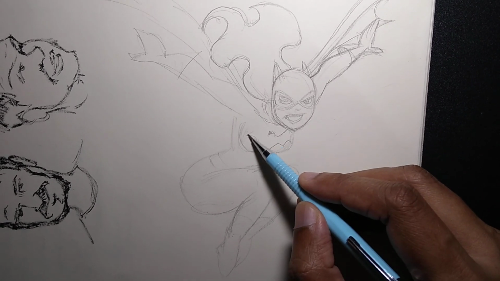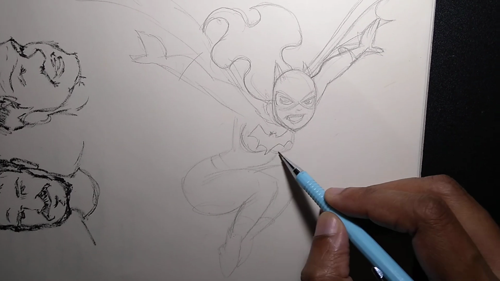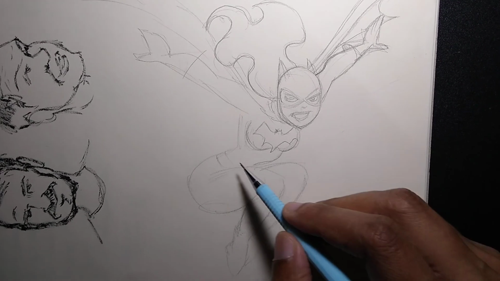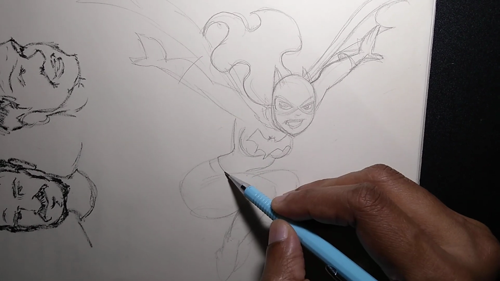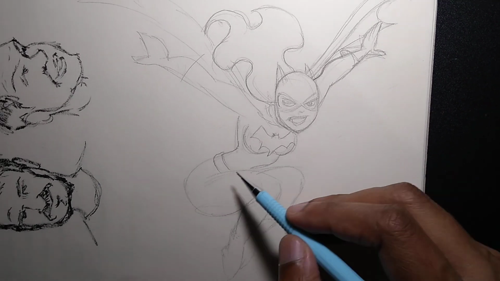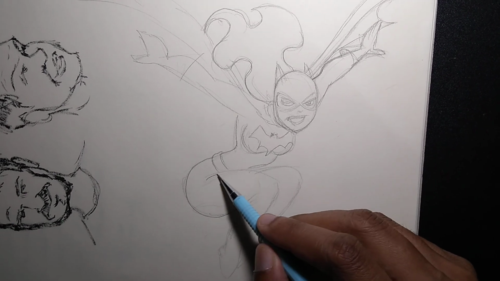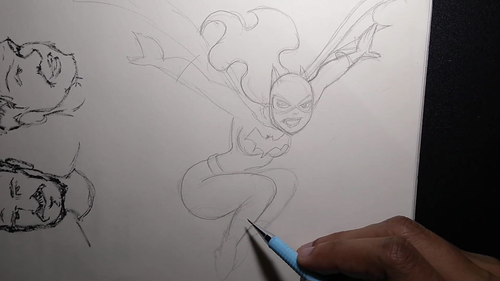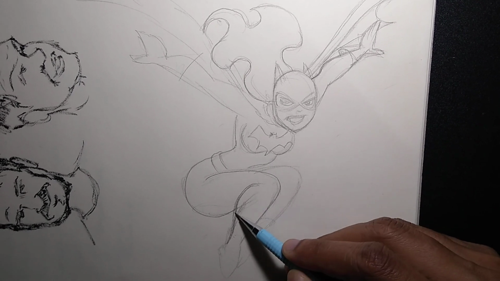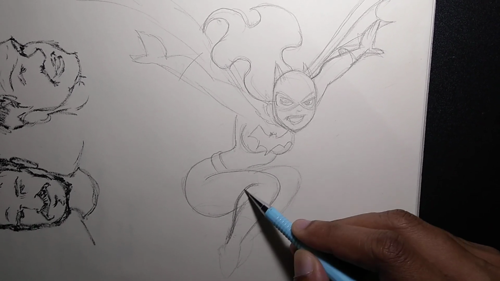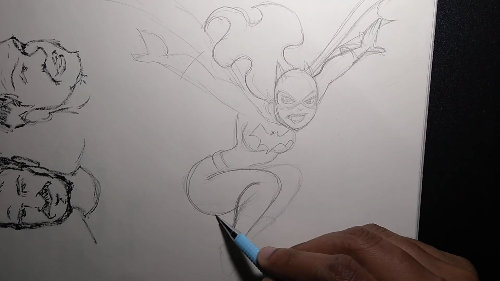He was definitely influenced by the 1966 Batman. I want to say her name was Yvonne Craig. My brain is telling me to say Yvonne Craig. So look at this. Again, another nice S curve, a C curve here, another C curve here.